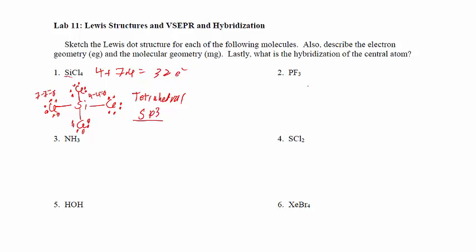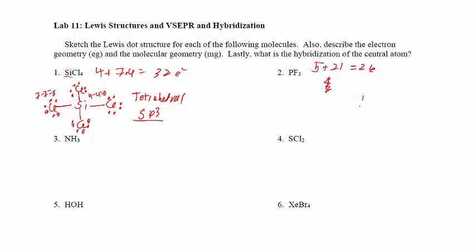Okay, PF3. And here you have phosphorus is 5 plus 21 equals 26. Phosphorus is definitely in the middle since fluorine can only bond with one thing, really.